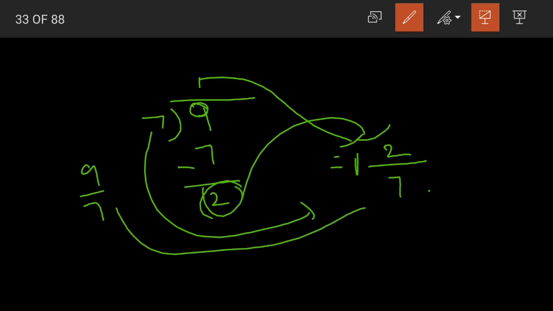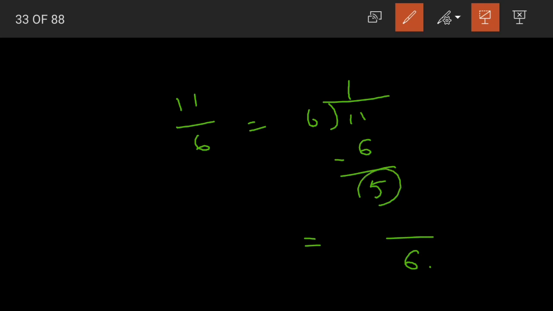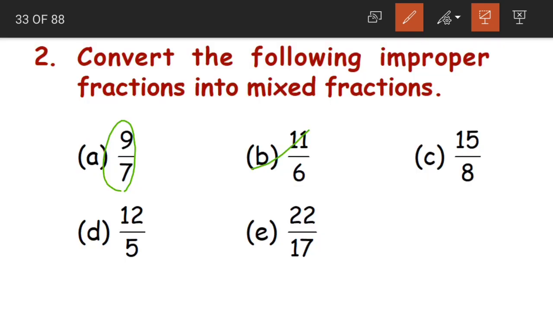So 9 by 7 is equal to 1 2 by 7. Again 11 by 6. When we divide 11 by 6, we have 6 ones are 6. When we subtract, 5 is our remainder. Yes, so the divisor 6 becomes the denominator, the remainder is the numerator, and 1, the quotient, is our whole number.